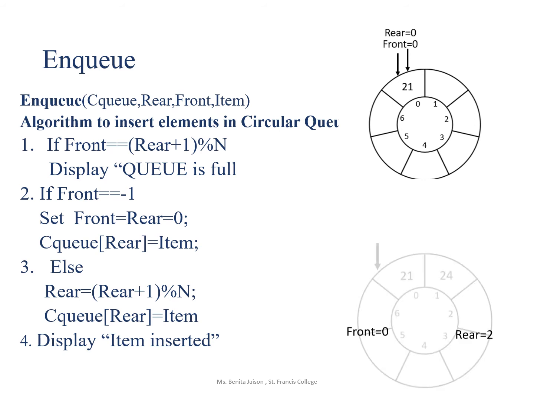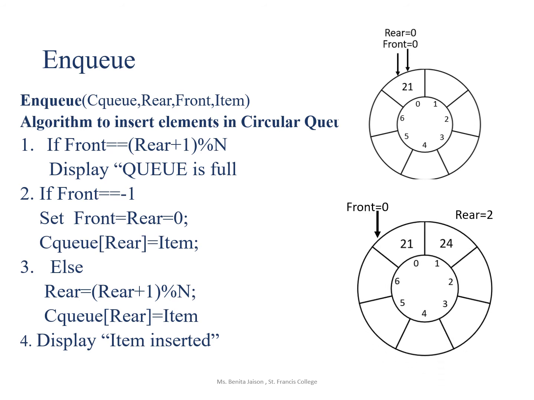Else, if there are already elements present in the circular queue, if it is not the first element to be inserted, then increment only the rear index by circular increment and then insert the element into the new location.